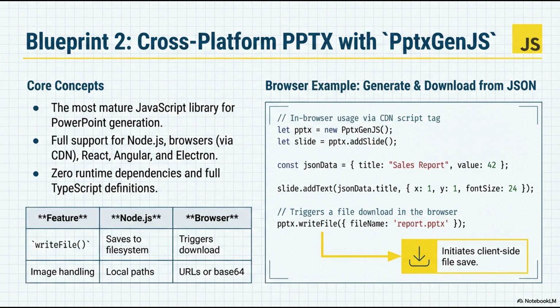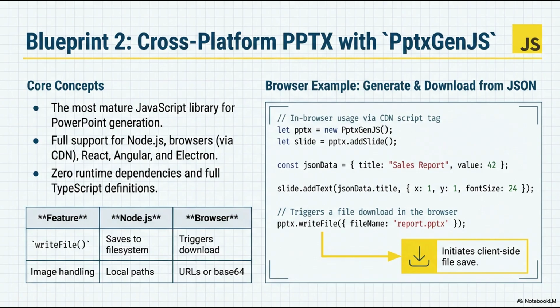As the arrow indicates, this action initiates a client-side file save, allowing the user to download the generated report.pptx directly from their browser. This client-side capability makes PptxGenJS incredibly powerful for interactive web applications or internal tools where users generate reports on demand. But what if your automation needs extend to collaborative cloud-native environments?